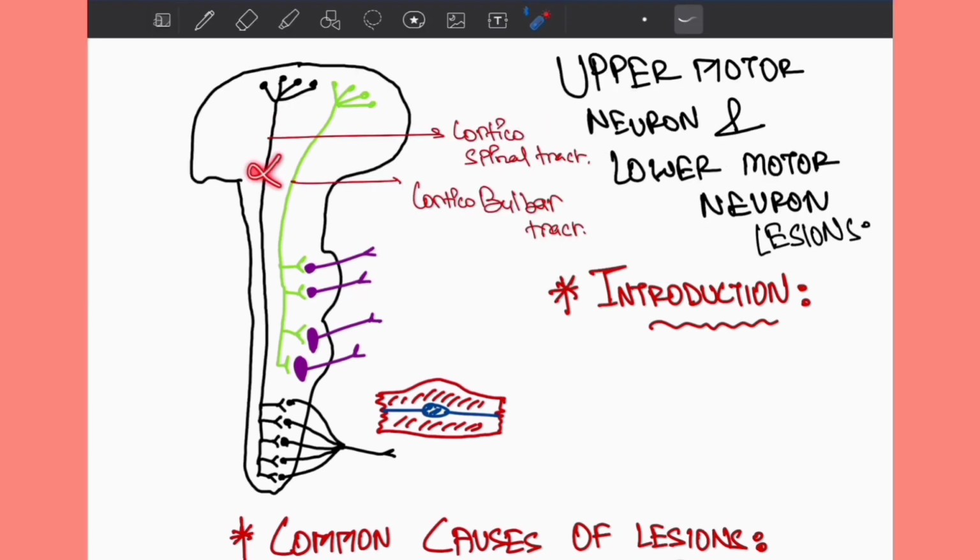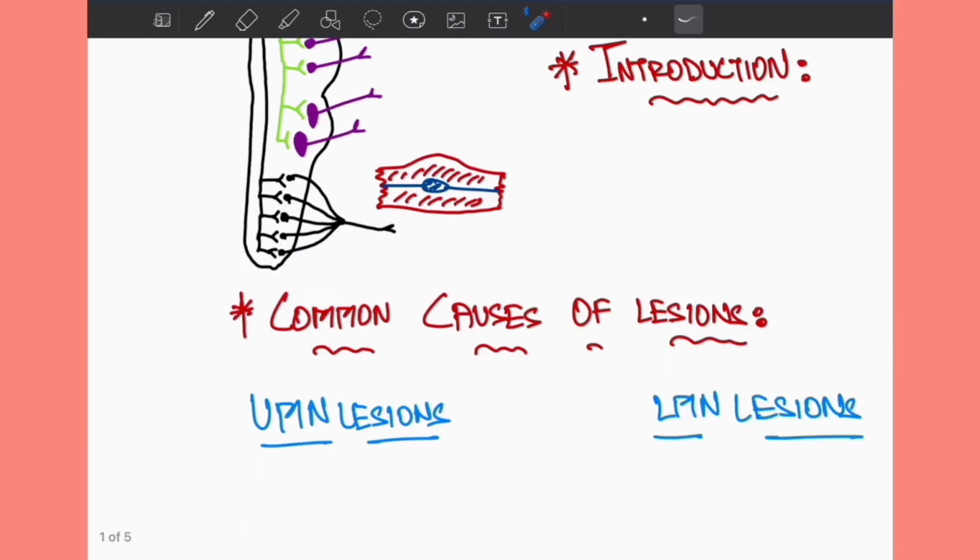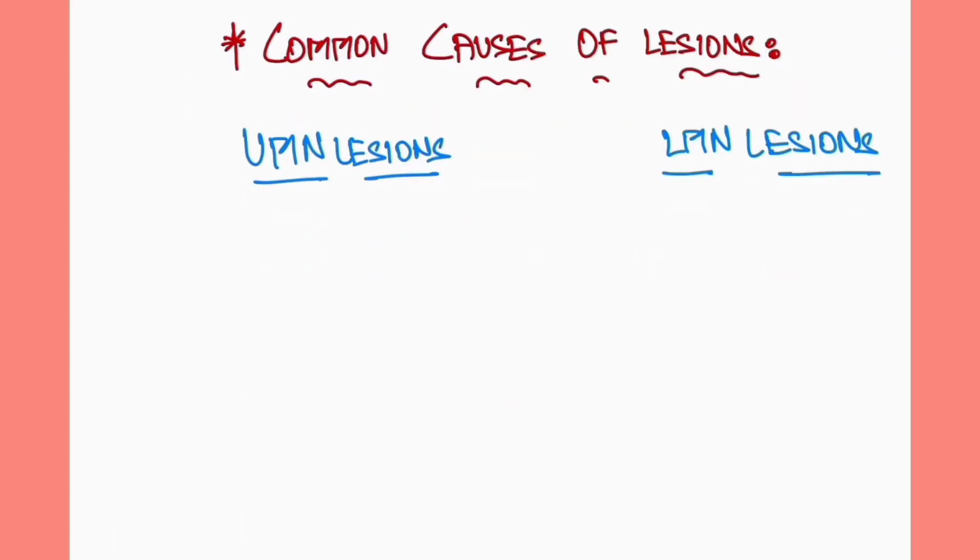So lesions in the upper motor neuron lead to upper motor neuron lesions, and lesions in the lower motor neuron lead to lower motor neuron lesions. So let's now talk about the common causes of lesions. Firstly, upper motor neuron lesions usually occur due to various vascular accidents and also due to multiple sclerosis.